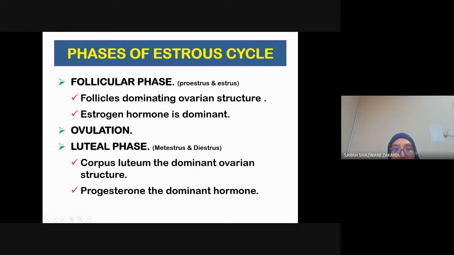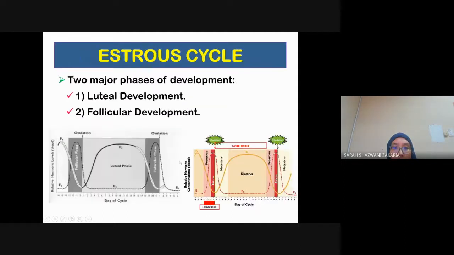As the follicles develop, estrogen is secreted, so estrogen is dominant. Then ovulation occurs. After ovulation, in the luteal phase, the corpus luteum is transformed and secretes more progesterone. These are the two major phases, the luteal phase and the follicular phase, and this is the ovulation.